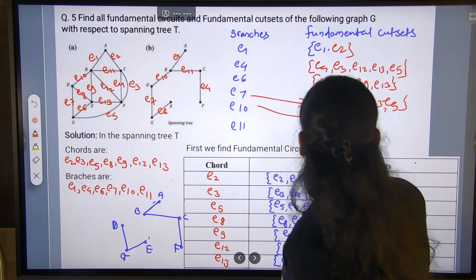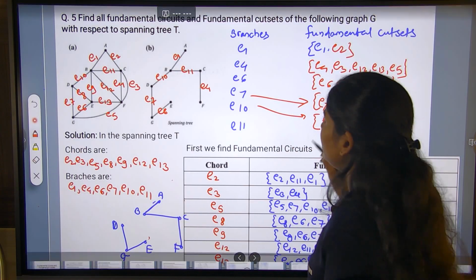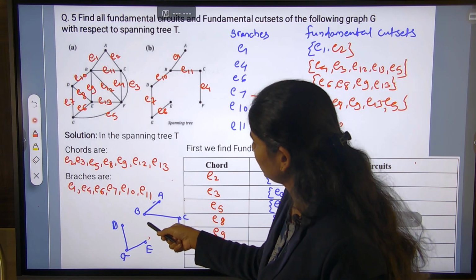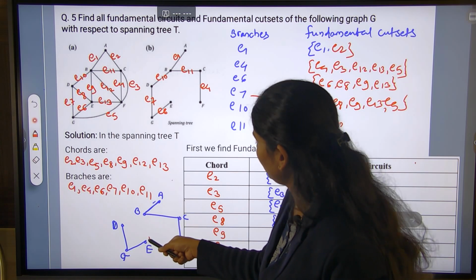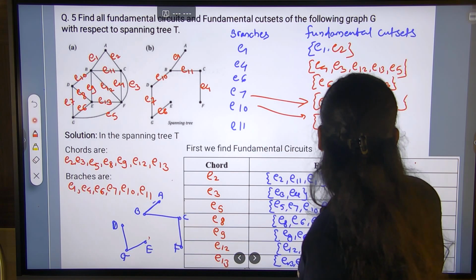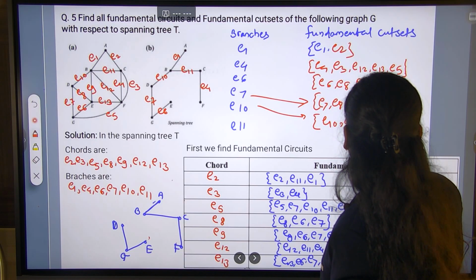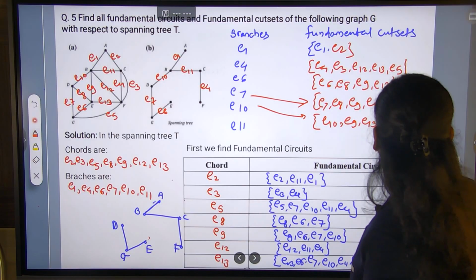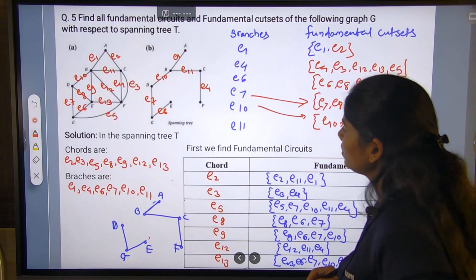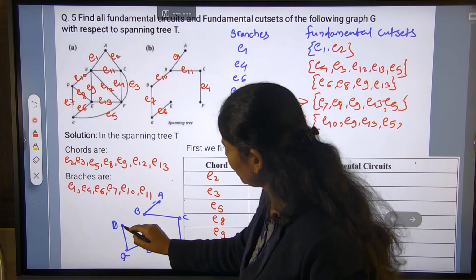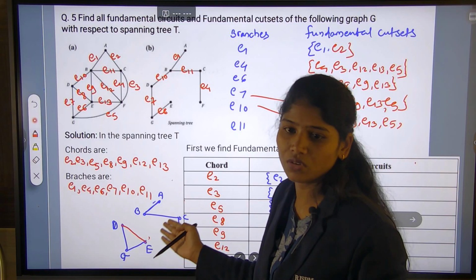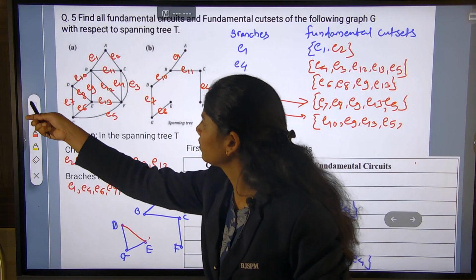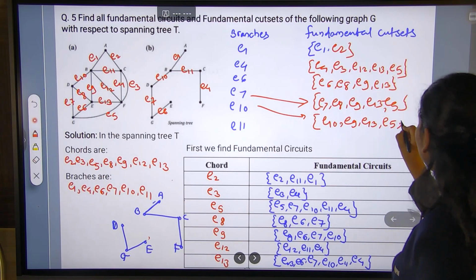So E10 itself, then next if we join E9, E9 is there, E13 is there, so E9, E13. Next if we join E5, again it will connect, so write down E5. Next if we join E8, there is no connection between those two components, therefore don't write E8. So that's it for E10.